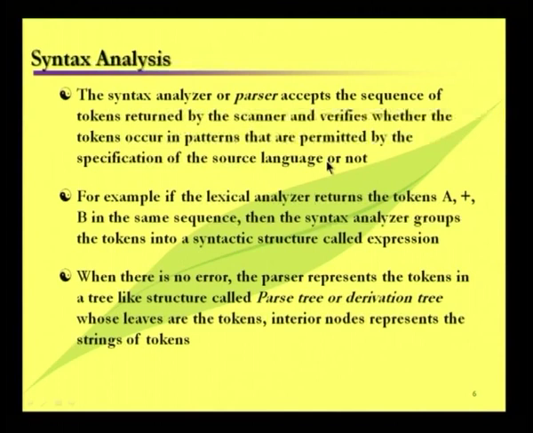For example, in some languages like Pascal, there is an assignment operator, colon followed by equal, and in C language there is simply an equal sign. It differs for different languages.